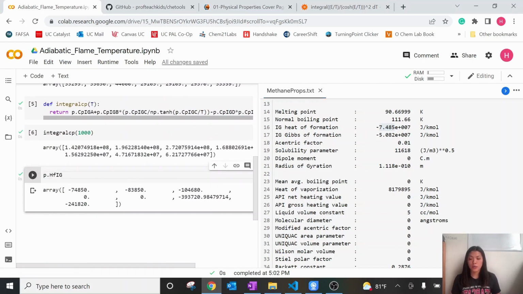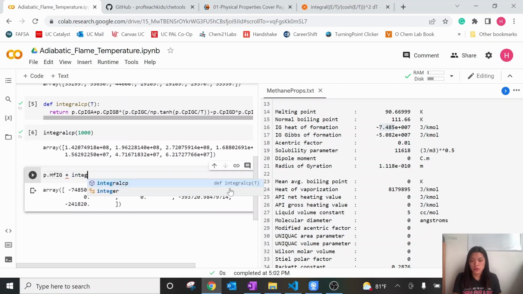And so when we change the temperature, the heat is actually going to increase by the difference between the heat capacity at whatever temperature we're being changed to and the temperature at 298 kelvins, which is the normal temperature.